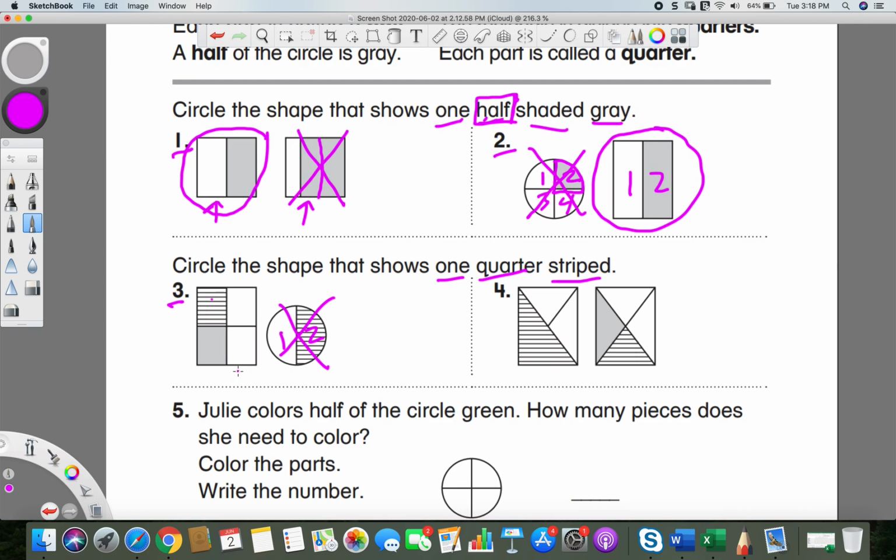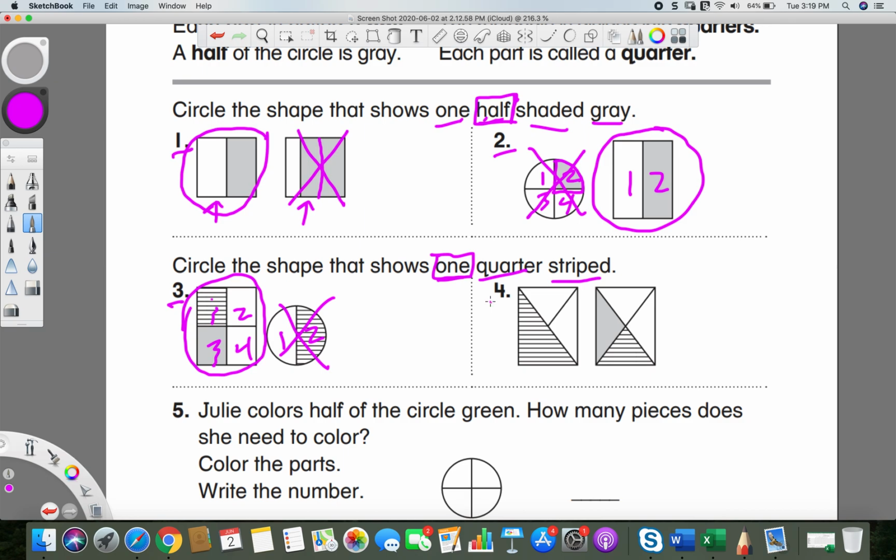It's cut into quarters, right? It has 4 pieces. 1, 2, 3, and 4. And they're saying they want the shape that only has one of these quarters with stripes. Does this square have just one of the quarters with stripes in it? It does. So we would circle this one.